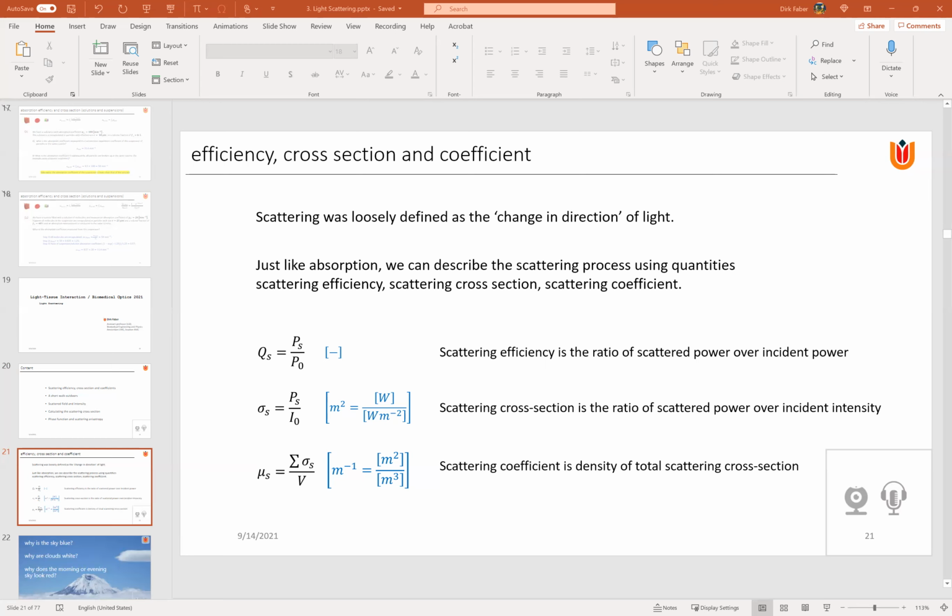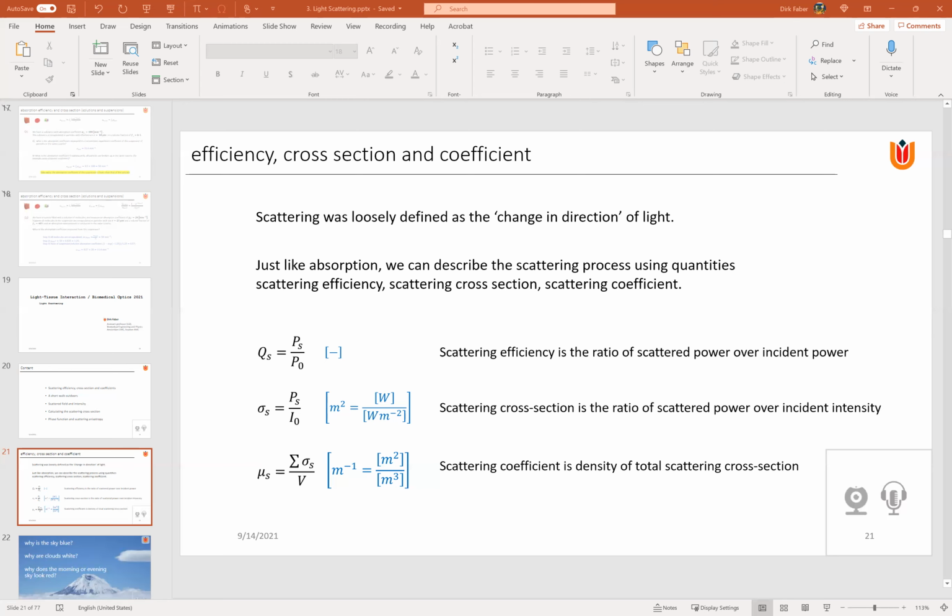Yeah, so mu is rho times sigma, and for rho we had a slightly different way of writing it, which is equal to Fv, the volume fraction of the particles, divided by the volume of one particle, times sigma A. But of course, there was this relation between the volume of one particle and the total volume that accounts for this.